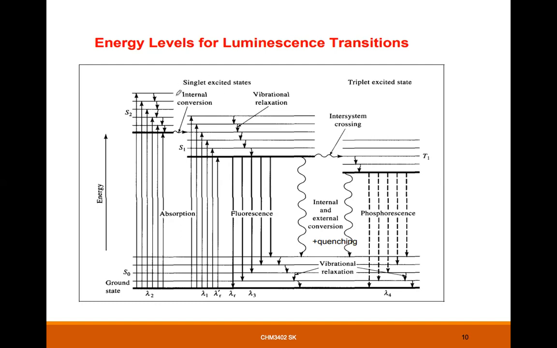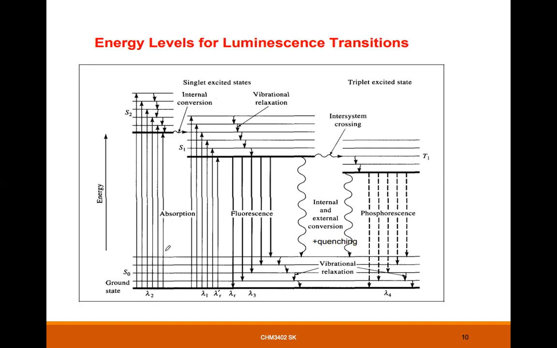This is called internal conversion, the transfer. This vibrational relaxation only emits in the IR region, so there is no significant spectrum that you can observe. Then when it goes down to the ground, you will observe fluorescence. Fluorescence is the beautiful picture that I showed you just now. So that's how you get fluorescence.